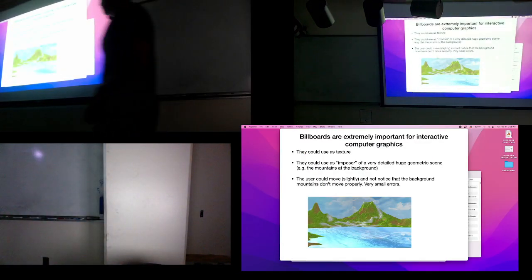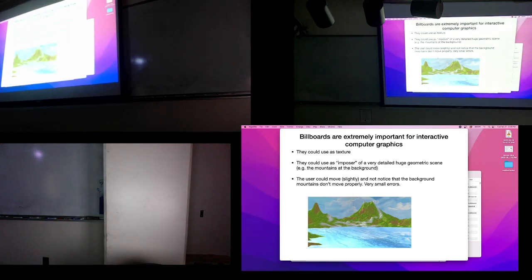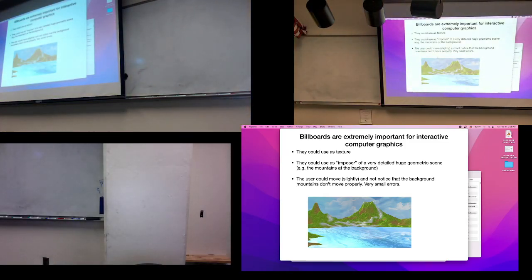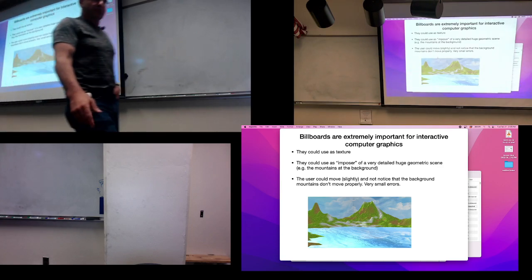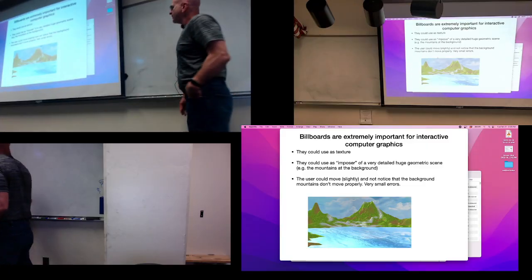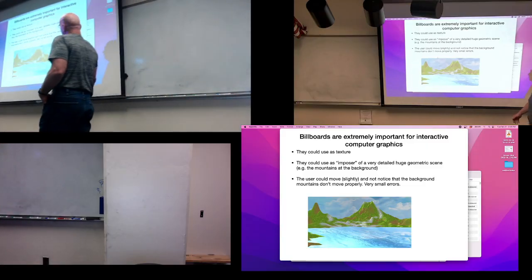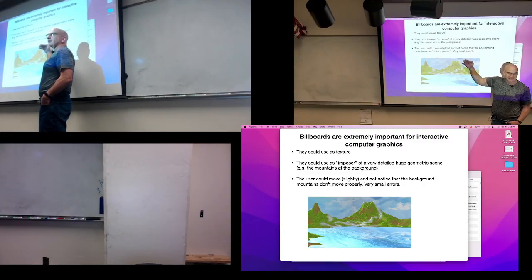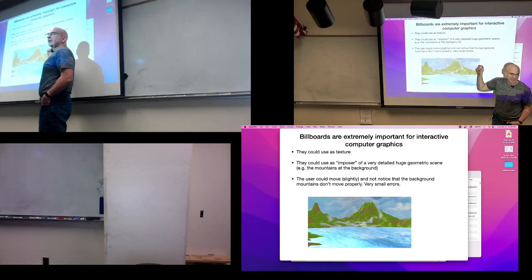And why do I make such a big deal of billboards? Billboards are really, really important in computer graphics, particularly interactive computer graphics. Extremely important. Like what? We can take an object like a sphere and put some texture on it. This texture might repeat itself.